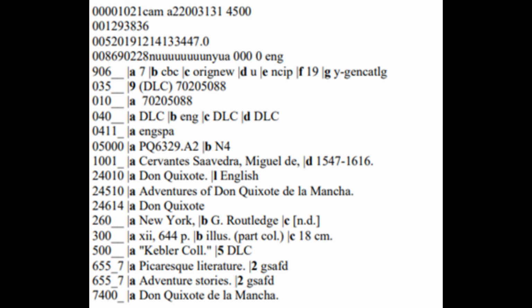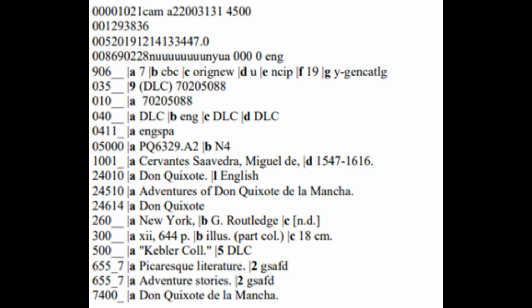And then you have the tag 260, the publication information. So it is where we can see the publication date or the copyright date. So there you have New York as the place of publication, then the publisher G. Routledge, and in subfield code C it is ND in square brackets. So no date.